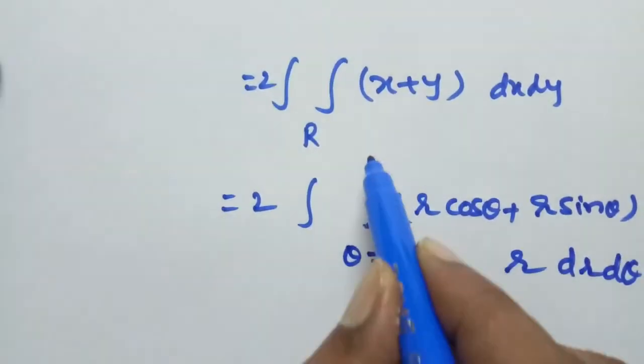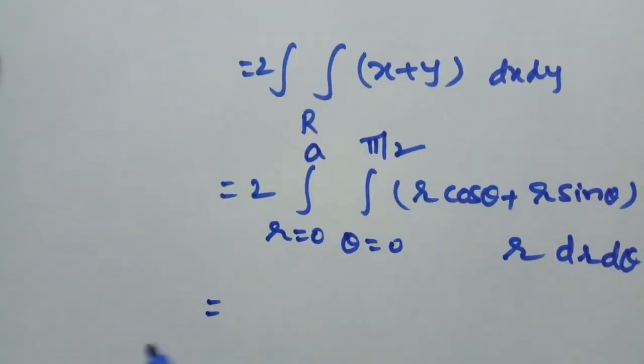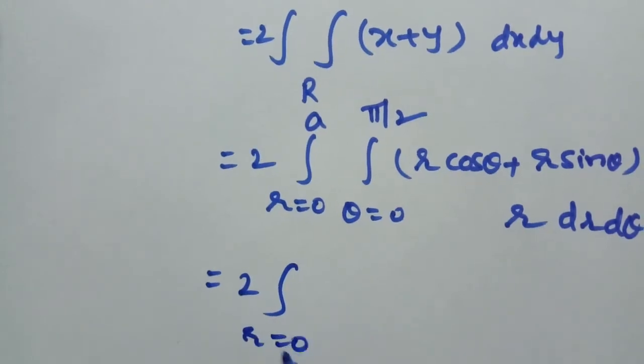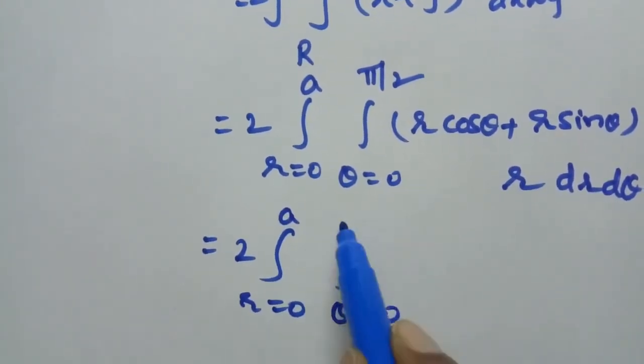Theta varies from 0 to pi by 2, r varies from 0 to a. This is 2 into r equal to 0 to a, theta equal to 0 to pi by 2.